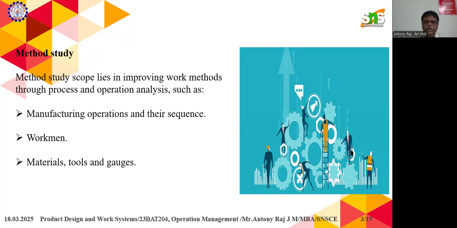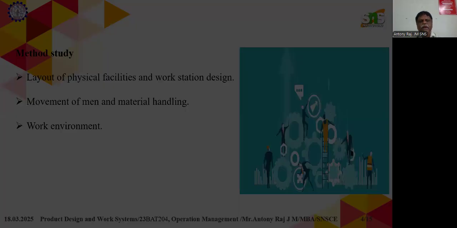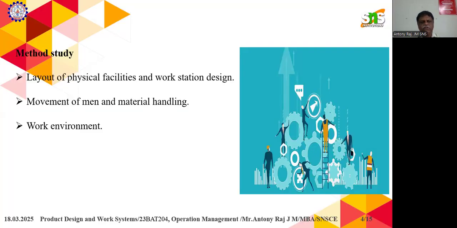The scope also extends to three more factors: the layout of the physical facilities and workstation design, the movement of men, material, and material handling, and the work environment. All this comes under method study.